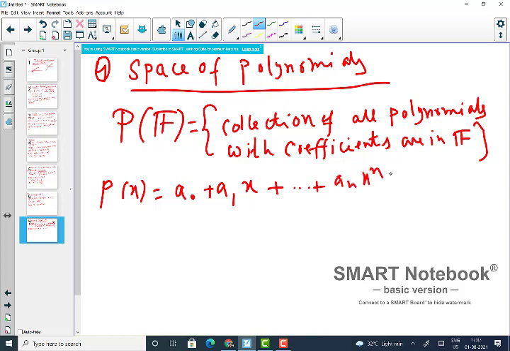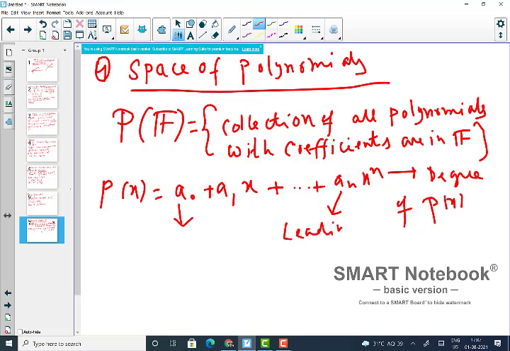This n is called the degree of the polynomial p(x). The coefficient of the leading term is called the leading coefficient. This is always not zero, and a0 is the constant term.